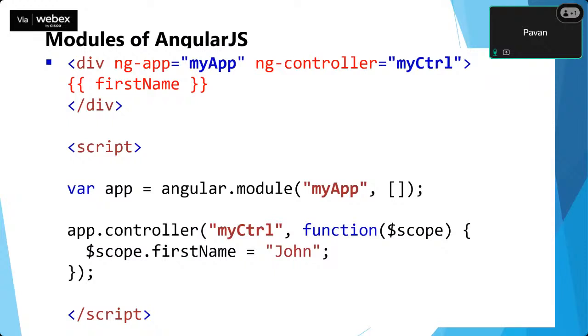So I'll only tell, this first name is basically an expression. So it won't print first name. Instead of that, it will print the value which is present inside the first name. So let's move on to the script part, that is the AngularJS part.